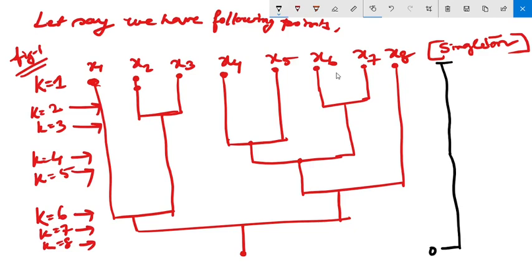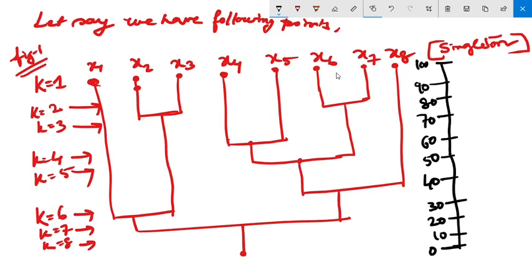So it's 0, 10, 20, 30, 40, 50, similarity scale.